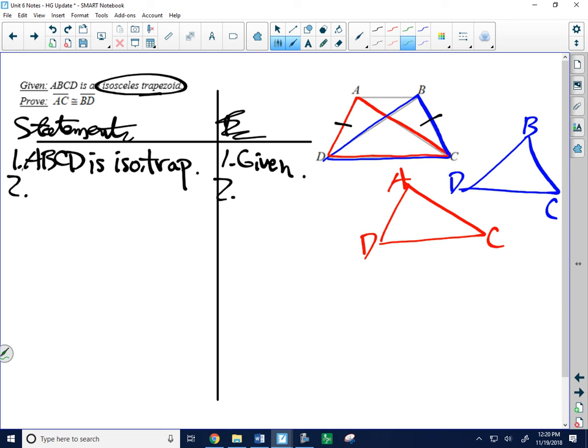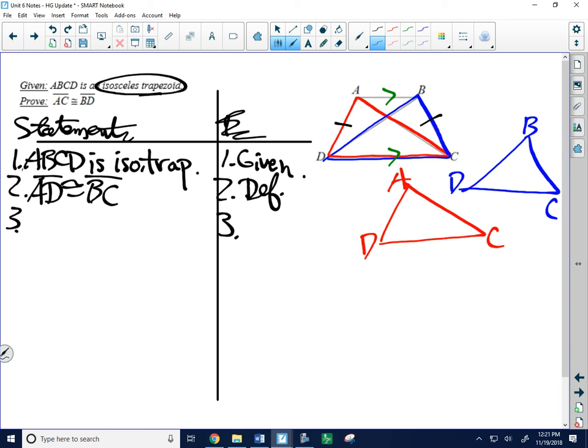They should be a little more clear that these would be the parallel ones. I think we can all tell it's not going to be AD and BC parallel. They would intersect. All right, so AD is congruent to BC. Just the definition of an isosceles trapezoid. Just that they're congruent. So definition, the legs are congruent.